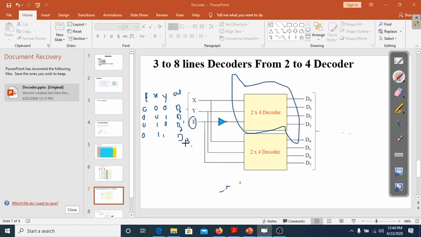Now the selection line is equal to 1, it will disable the first decoder and enable decoder 2. So when E is equal to 1, the 0 0 combination will select D4.